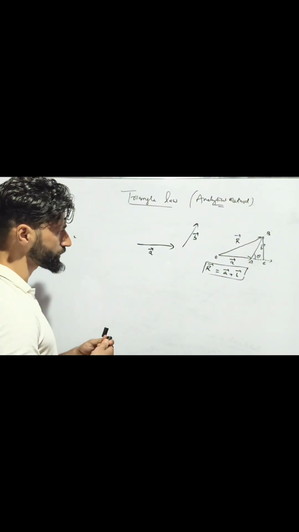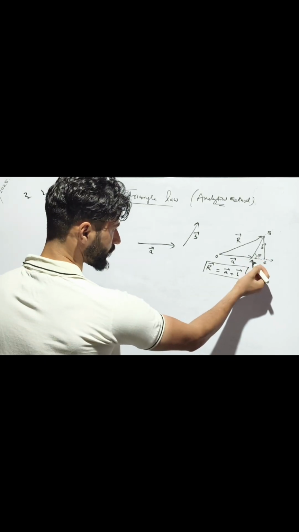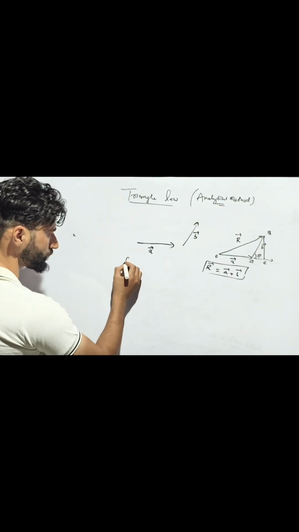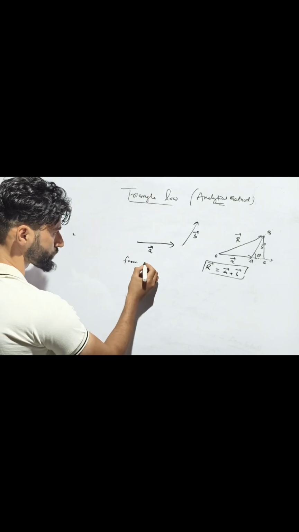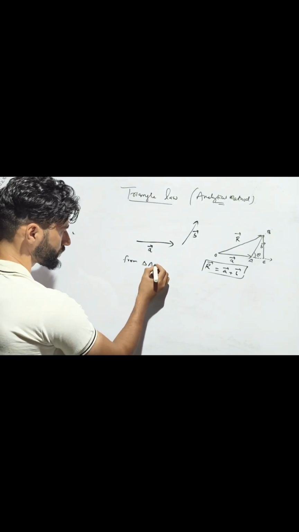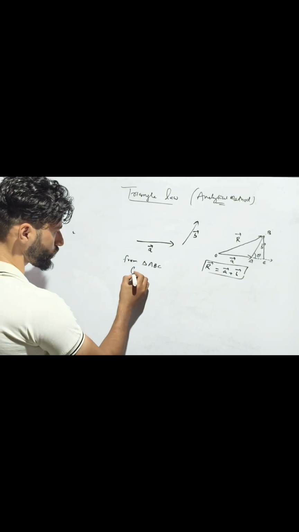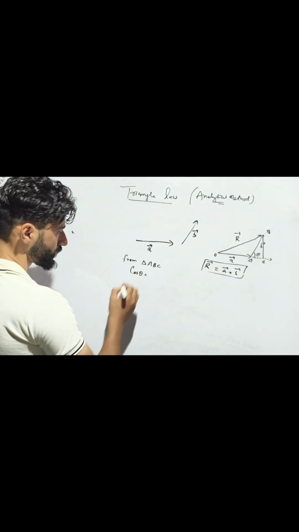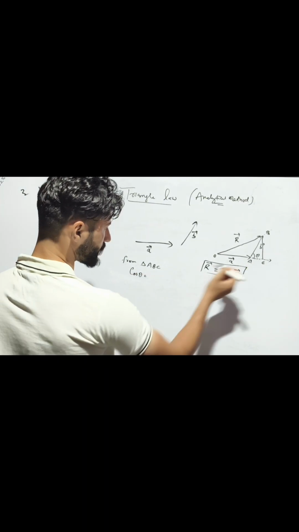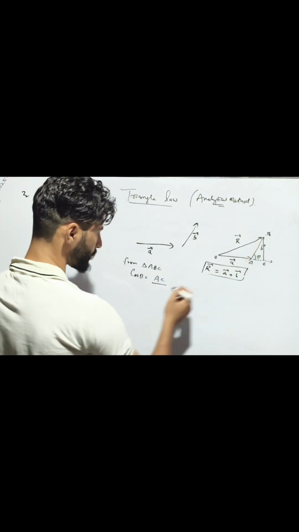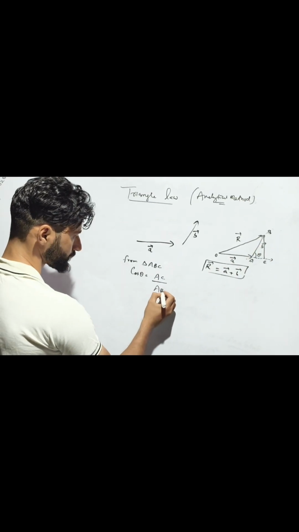Now I will take triangle ACB. From triangle ABC, cos theta is equal to base AC divided by hypotenuse AB.